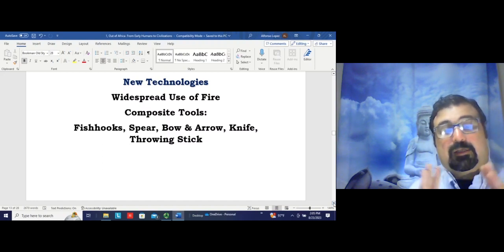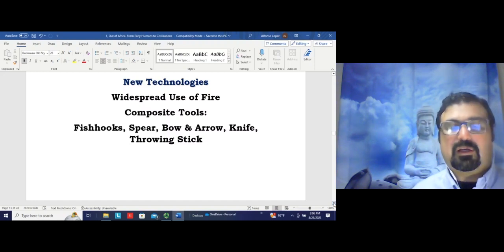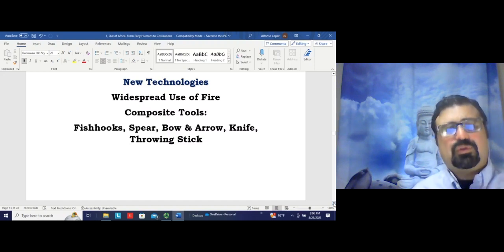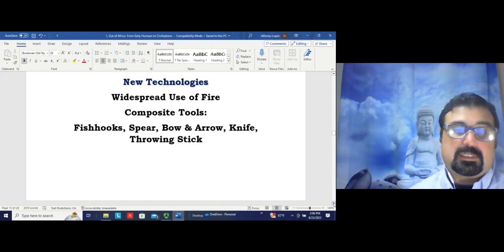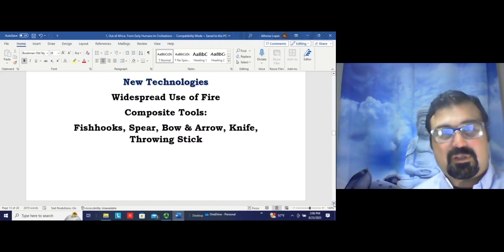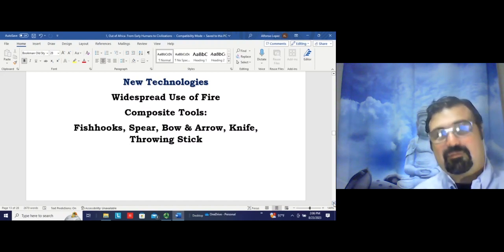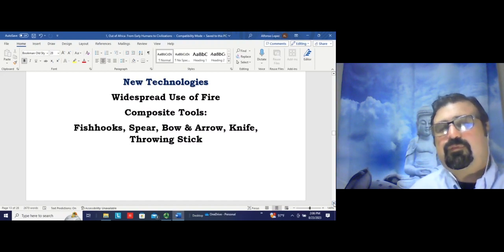Okay. There are other kinds of tools that emerged during this Paleolithic era, the Old Stone Age. Tools that also enable humans to produce more food. And here we're going to see the rise of the fish hook, for example, for fishing. Again, human beings are now becoming very, very sophisticated in the way that they're actually producing food.